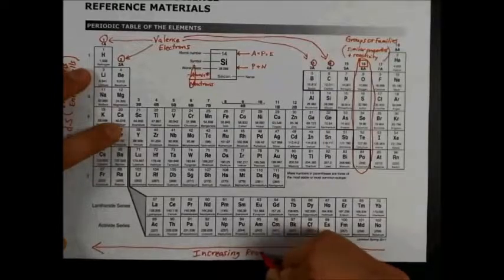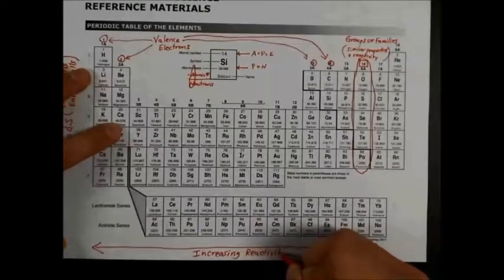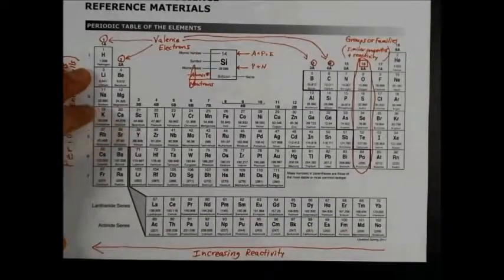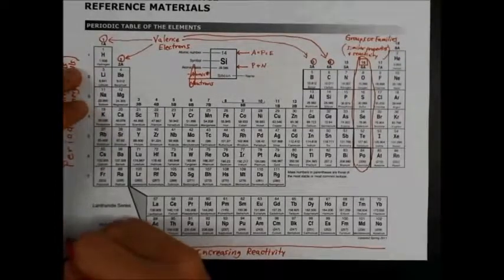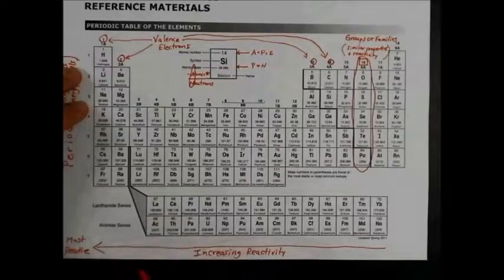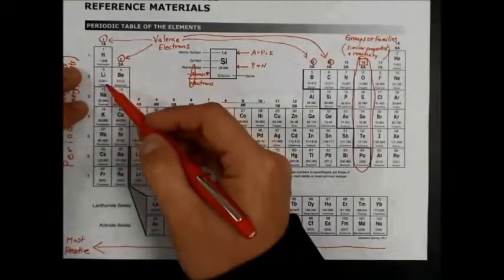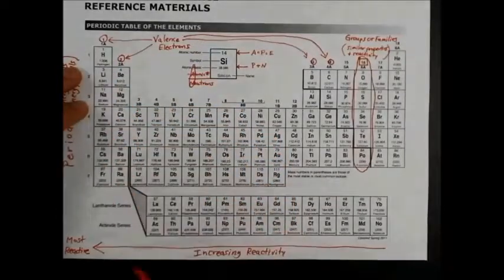The most reactive group or family on the periodic table is group 1. So I'm going to just put a little most reactive down there, just so I know that those are highly reactive. They have 1 valence electron, and they want to give that thing away as fast as possible. They react very violently with a lot of different other elements.